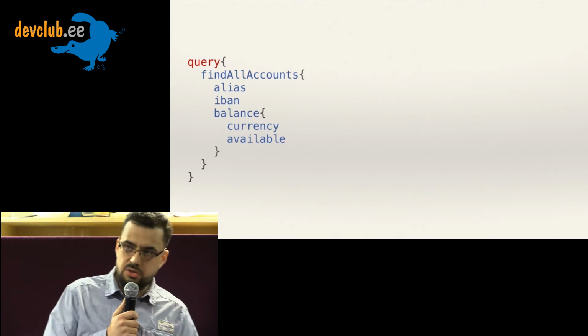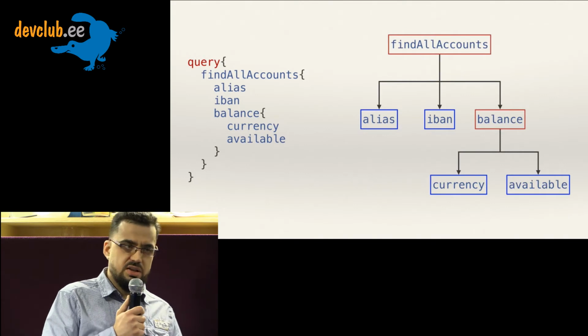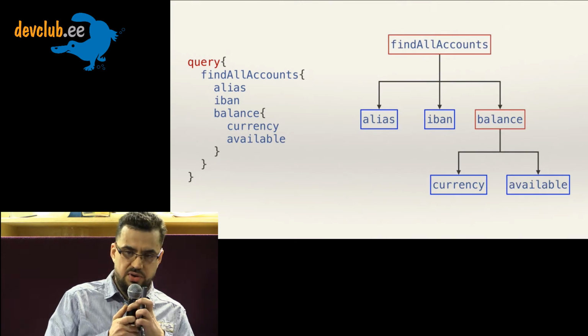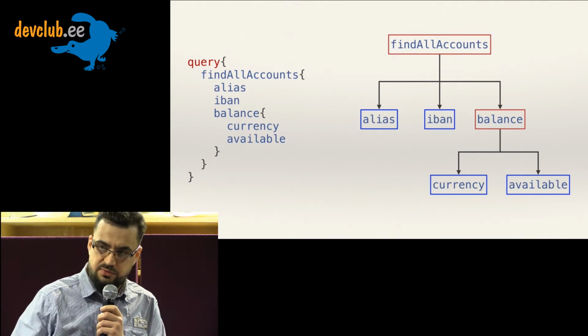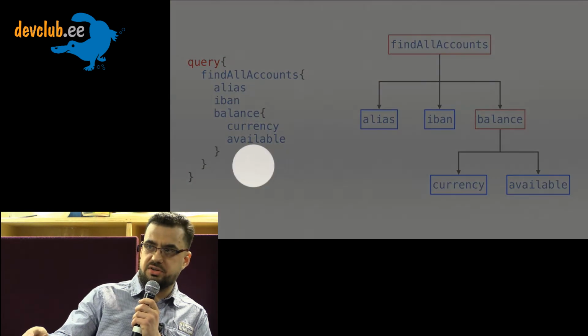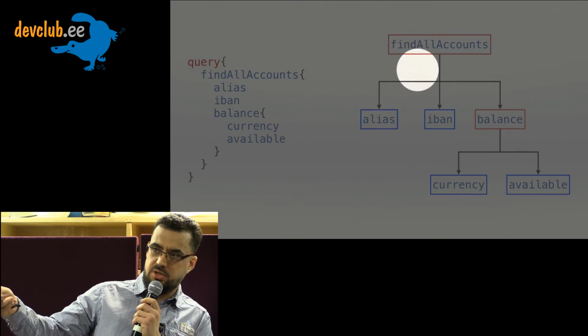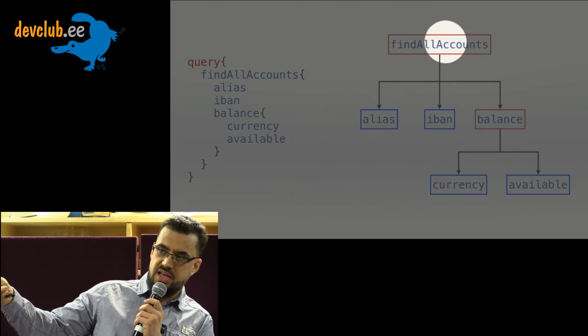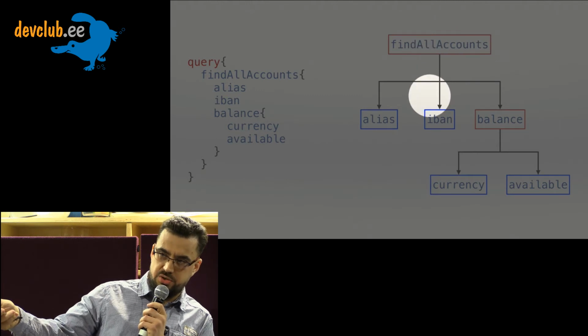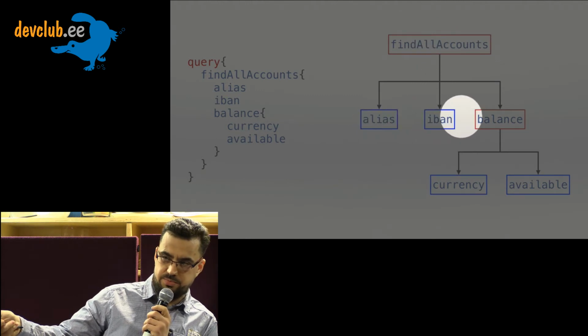So GraphQL will build something like a tree of resolver functions, and for each type that returns a value, it will call this data fetcher, and the result will be passed to child data fetcher functions.